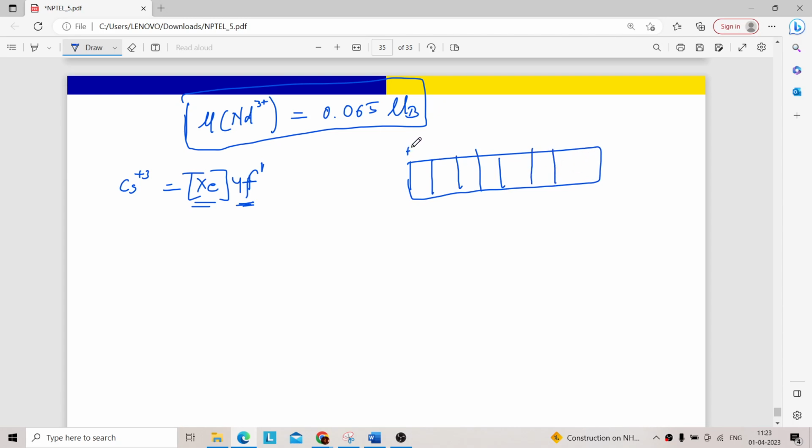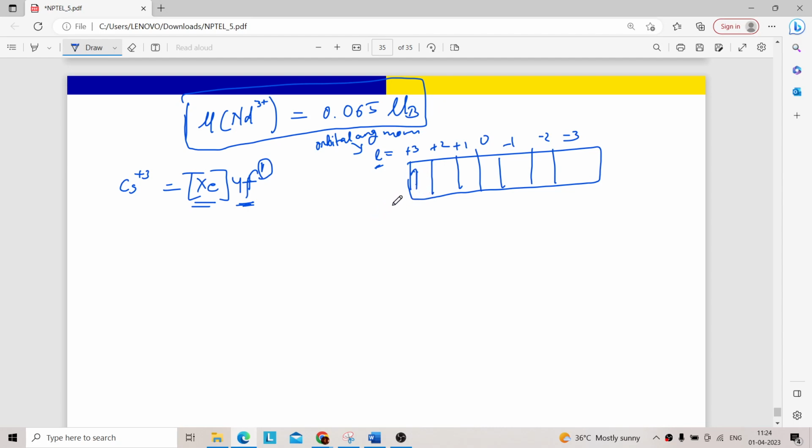Each has some definite m_l value. This is the quantum number for orbital angular momentum. So this is plus 3, plus 2, plus 1, 0, minus 1, minus 2, minus 3. As we are having only one electron, we will place it here.